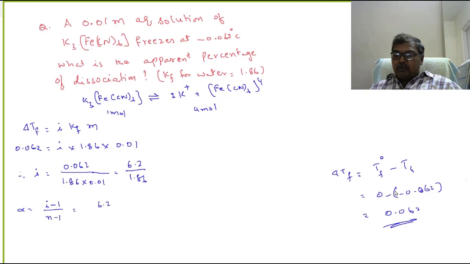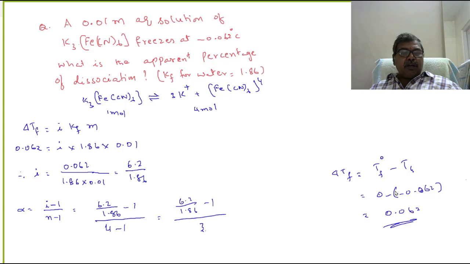So, 6.2 by 1.86 minus 1 by number of moles 4 minus 1, so 6.2 by 1.86 minus 1 by 3.